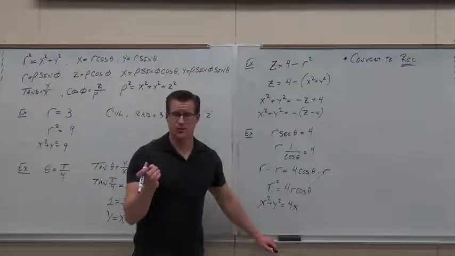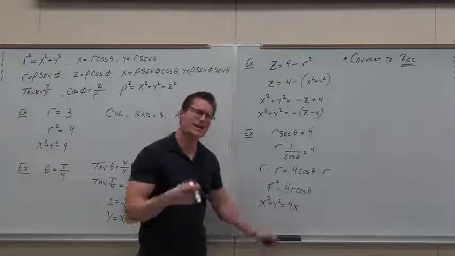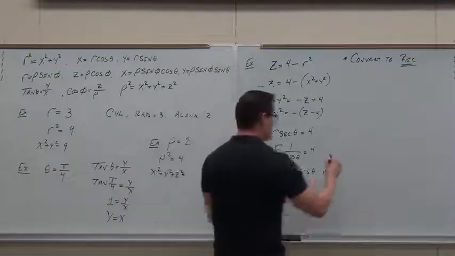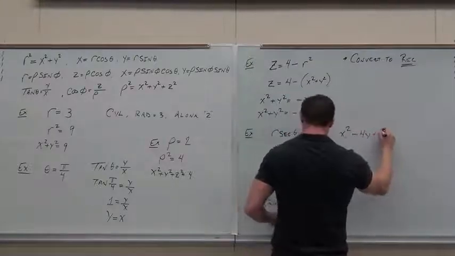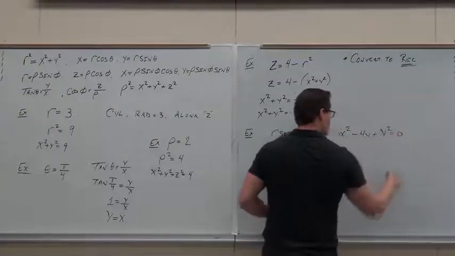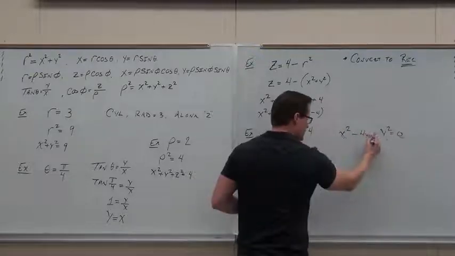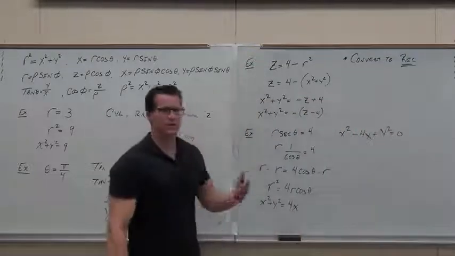got to be a cylinder. For sure, got to be a cylinder. Now, what's it look like? That takes a little bit more math magic here. So we do things like x squared minus 4x plus y squared. We do things like complete the square.